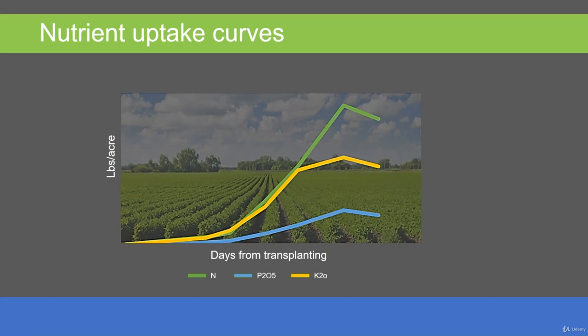So we saw how nutrients or nutrient application affect the yield, but it's not only the total amount of the nutrients that we apply, it's also the timing when we apply the nutrients. And this is described in the nutrient uptake curves. In these curves, we can see the uptake rate in different growth stages or throughout time.